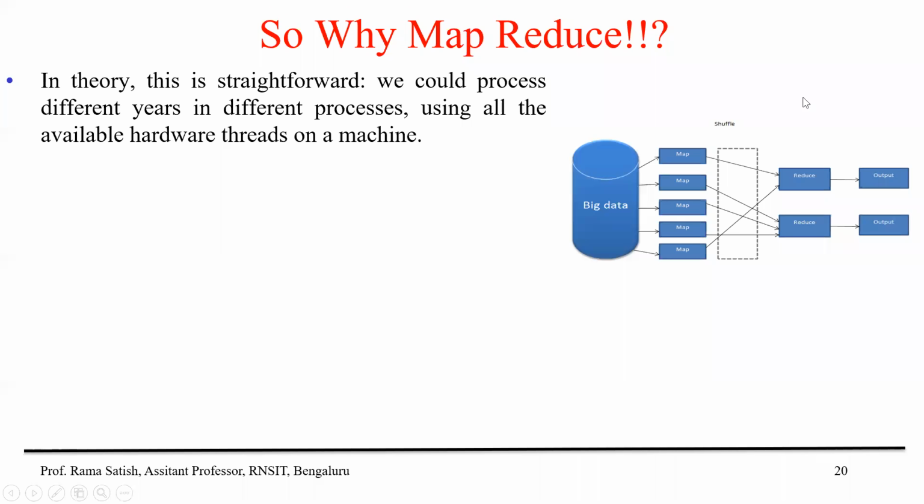You see, many maps are working on the same big data. They go through a lot of other stages, and finally they reduce, and you get the final output. In theory, it is straightforward that we could process different years' data in different processes.